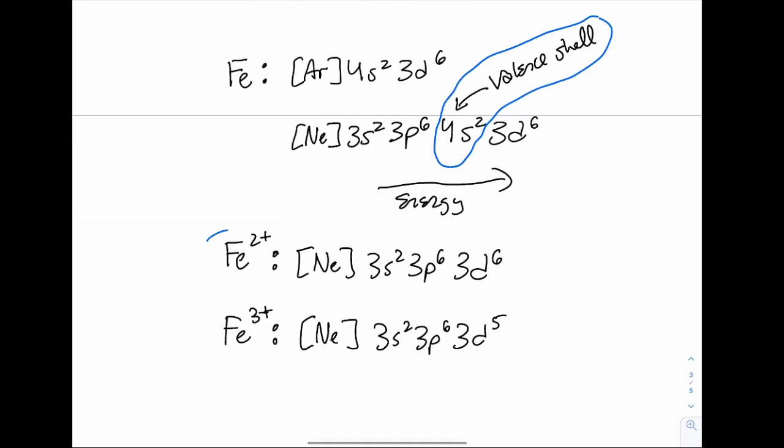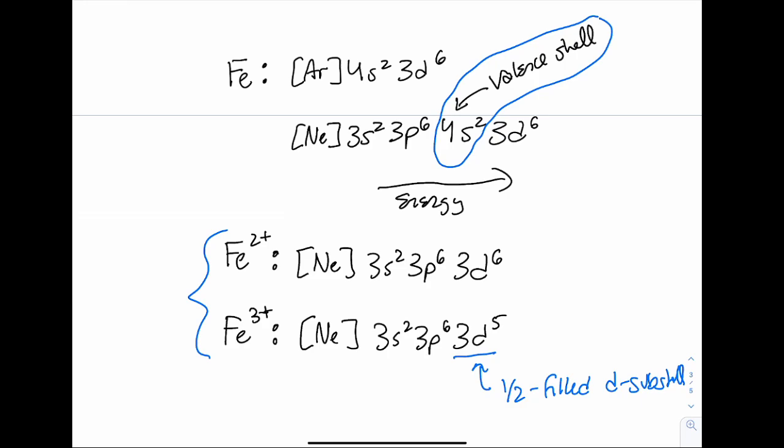Between my +2 and my +3, which one of those do we actually like better? If you guys notice that this is half filled and picked iron with a 3+ charge, you were correct, right? I have a half filled d subshell. Remember there's 5 different d orbitals, right?